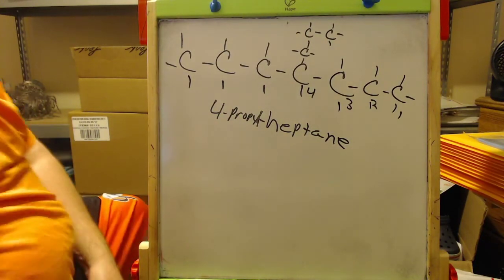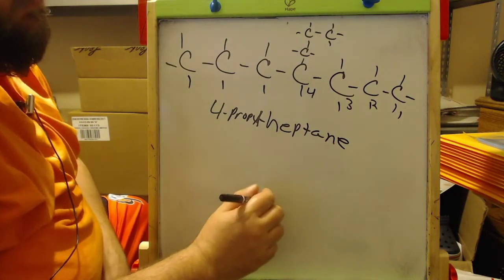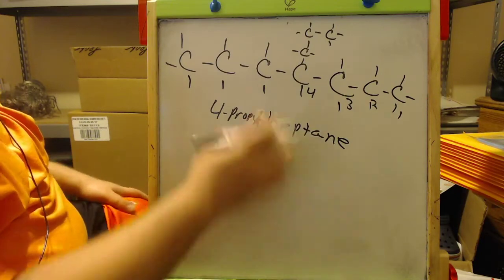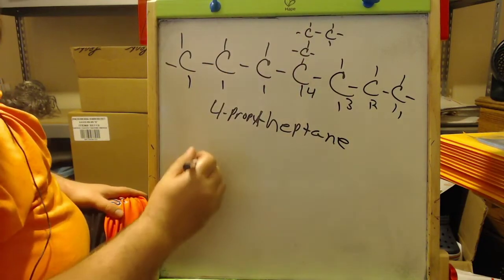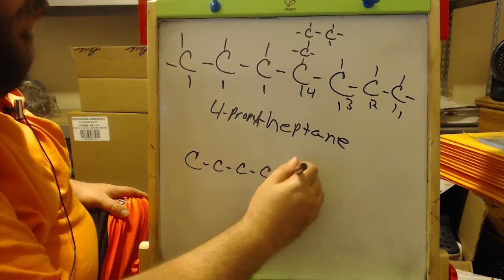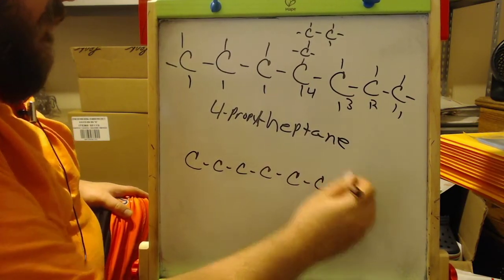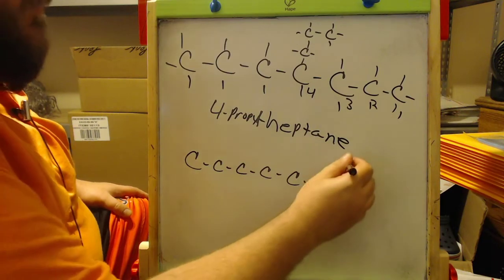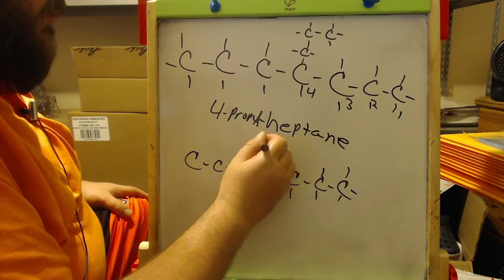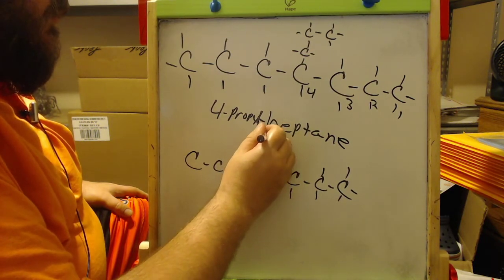Hopefully you're getting this by now, but if not, you can email me. We're going to continue doing this over the next couple days, or the next lecture, so it'll be all right. But let's draw this same compound. 1, 2, 3, 4, 5, 6, 7. Draw this all in. On the 4th carbon, we're going to do this.